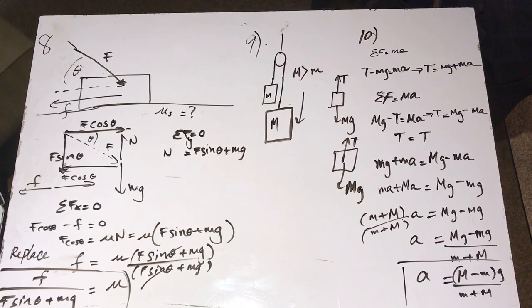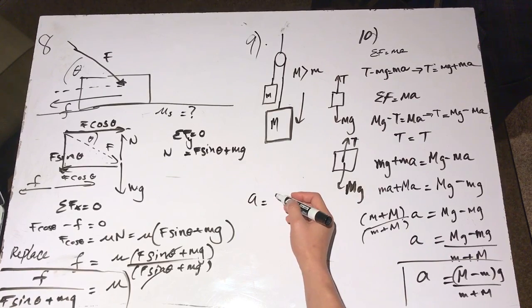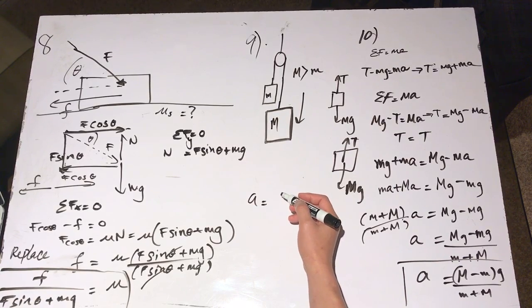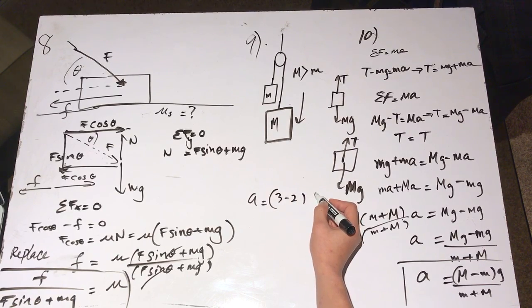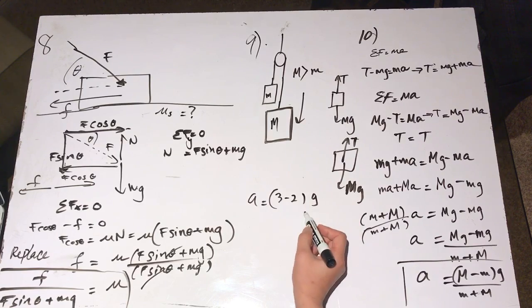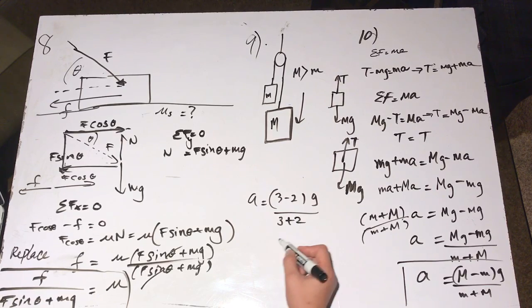So when you apply this for question number 9, the answer you should have gotten: go ahead, replace for number 9. My big M is equal to 3, minus 2, g, over 3 plus 2.